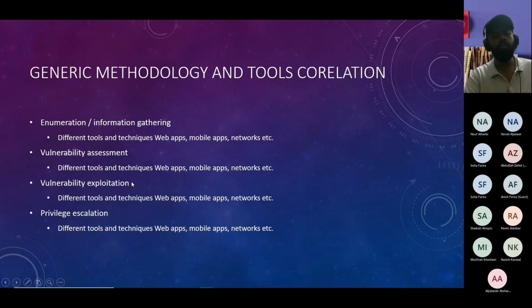If you hear any news about exploitation, whether it was done by a hacker, your internal team or your external team, this is the process: enumeration, vulnerability assessment, vulnerability exploitation. And if it has escalated your privileges, then it may be privilege escalation as well. Whether I am a white hat or a black hat, if I am doing exploitation or hacking, I will be going through this life cycle. Anyone doing it legally or illegally will be going through this life cycle.